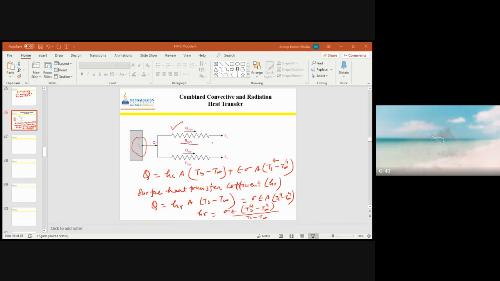And when we replace the radiation term using this radiation heat transfer coefficient in the first equation, we will get Q as HC A into Ts minus T infinity, plus HR A into Ts minus T infinity, and this is HC plus HR, A, into Ts minus T infinity.